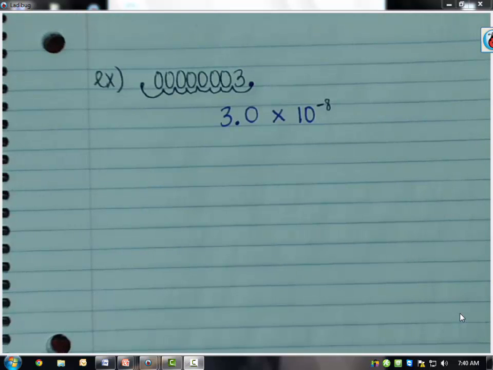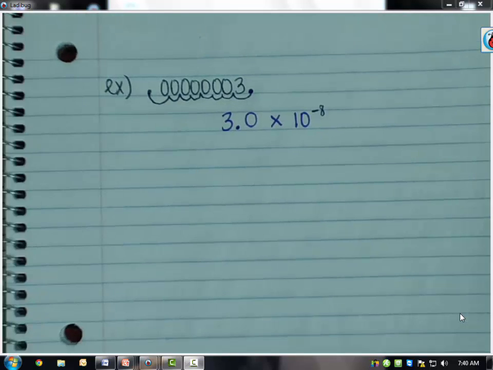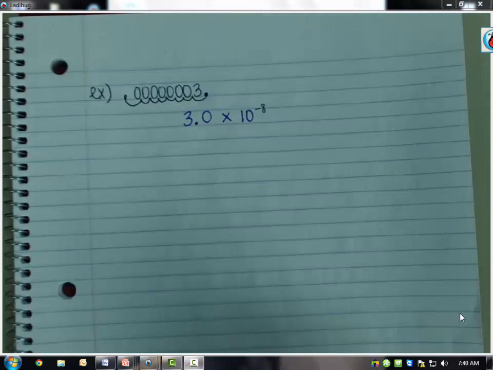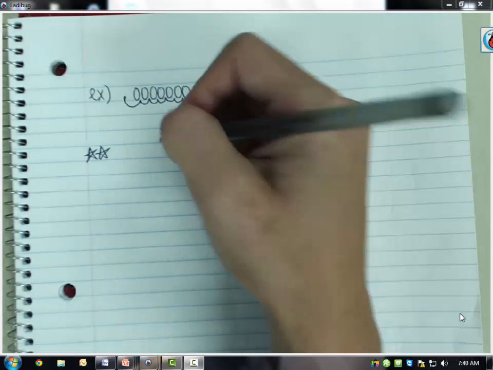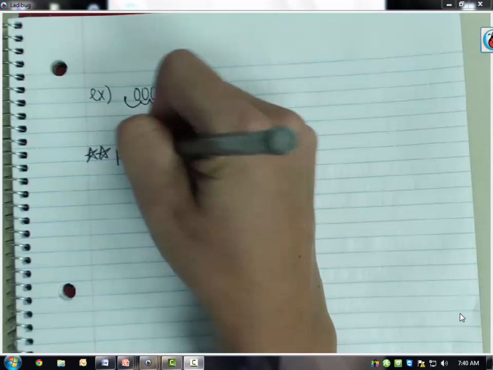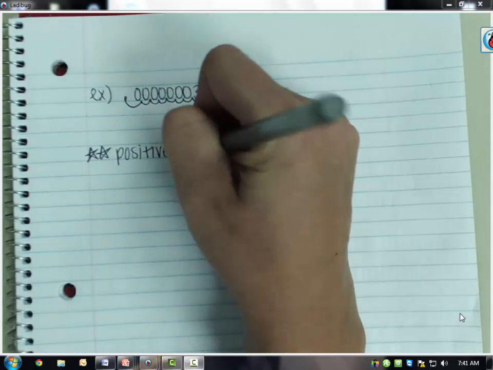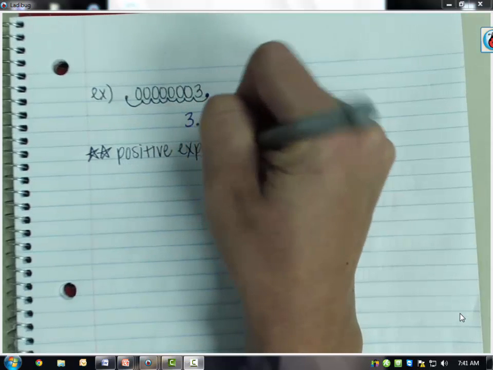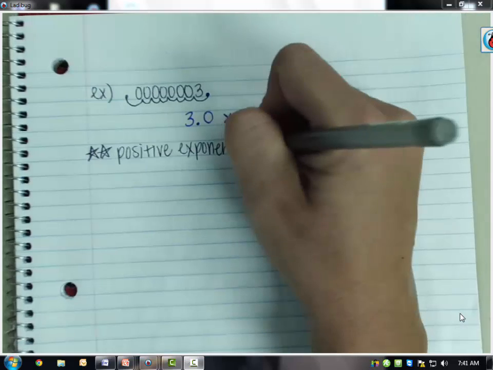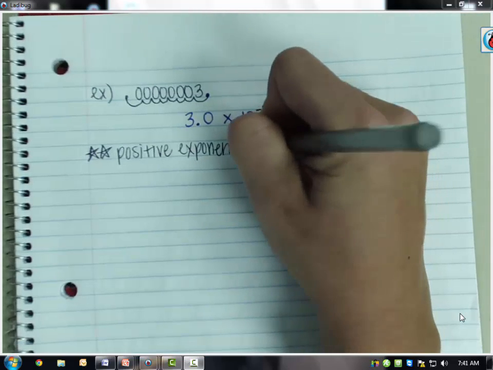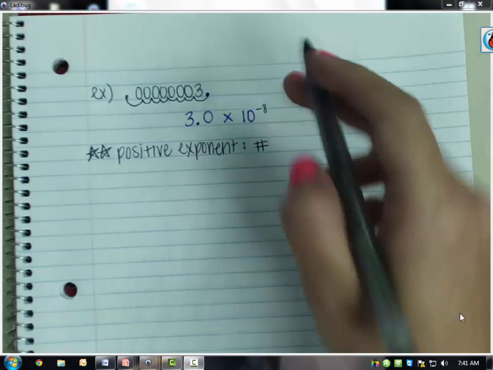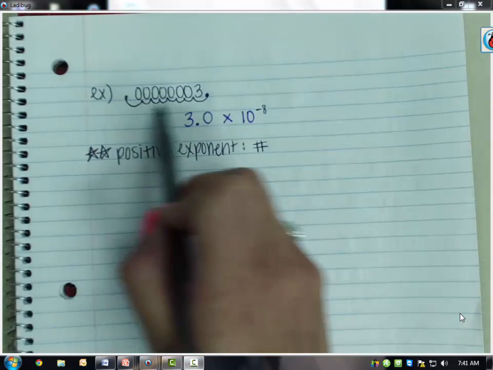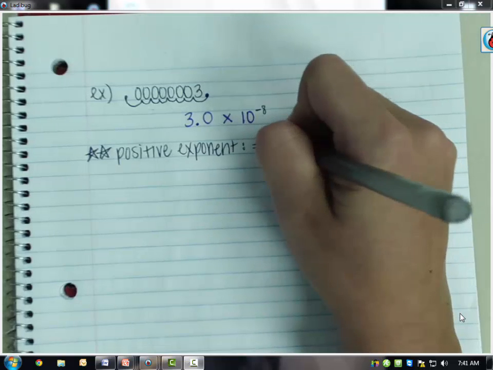All right, down below here, we're going to do 2 little hints. If you have a positive exponent, like our first example, that means your number is going to be larger, greater than 1.